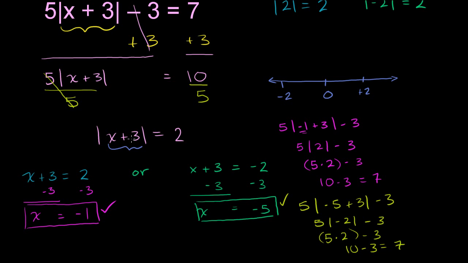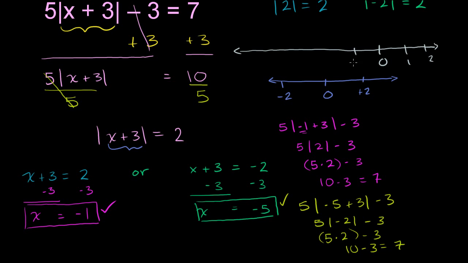Now, if we were to graph the two solutions on a number line, I'll draw a new number line here. Both of these are less than 0, so I'll put 0 all the way over here, maybe 0, 1, 2.